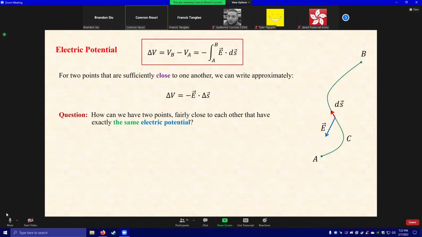A dot A is not zero. Okay, then I forgot. Isn't the dot product supposed to be the x coordinate of E times the x coordinate of delta S? Yeah, that's Cartesian. Plus the y coordinate of E times the y coordinate of delta S. That's right. So yeah, you say A dot B is equal to AX BX plus AY BY plus AZ BZ.